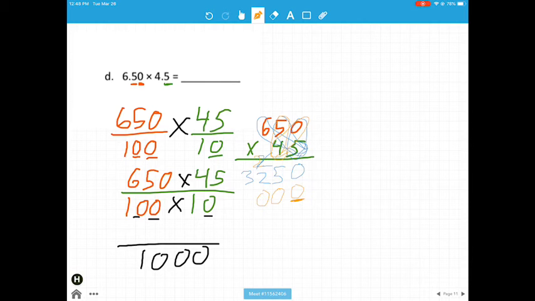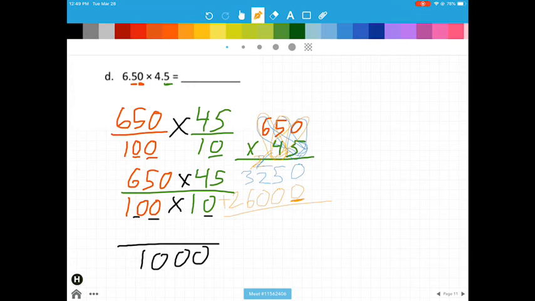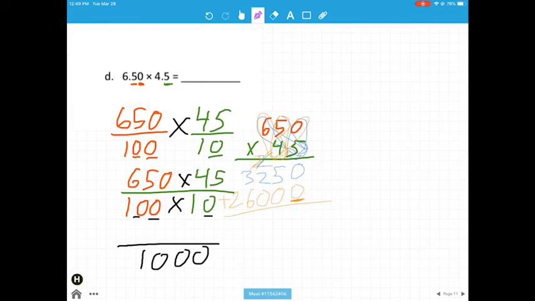Then we have 4 times 6 is 24, plus the 2 on the line is 26. So we have this big long number, 39,250 over 1,000.